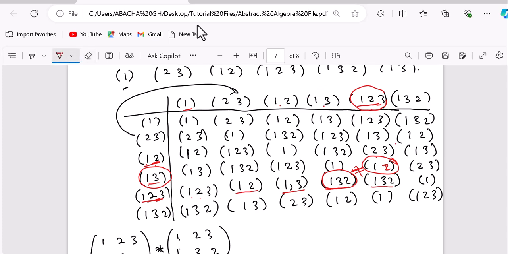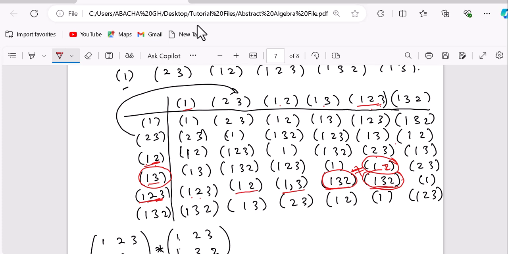Now we go to the fourth element and the fifth element. So the fifth element: we are taking (1 2 3) and operating (1 2 3), and we get (1 3 2). Now let's take (1 2 3) and operate itself, we get the same (1 3 2).